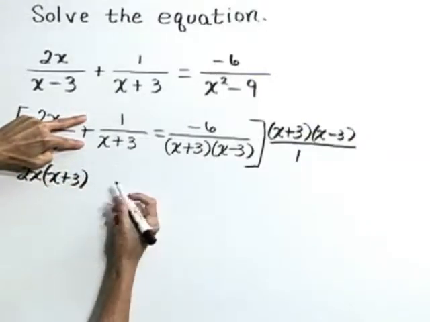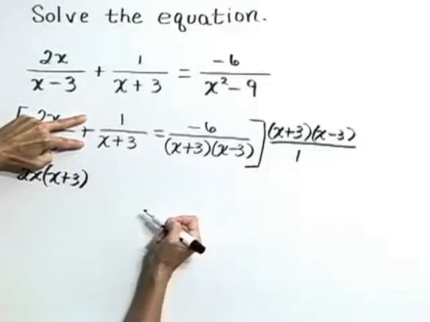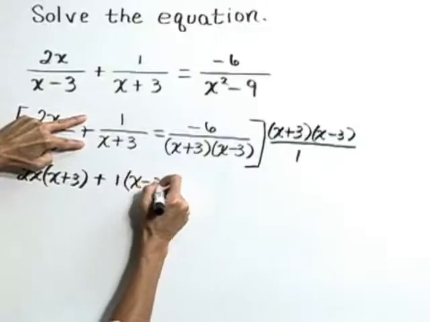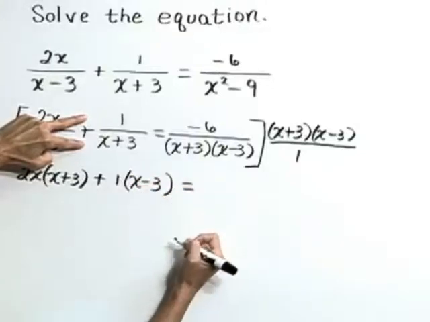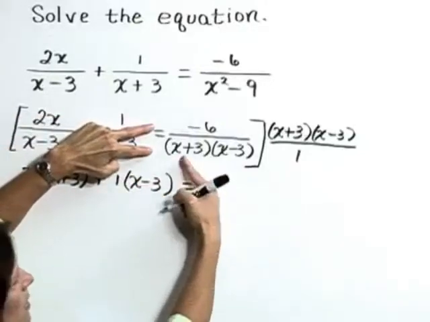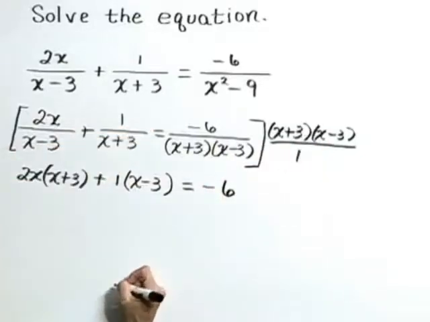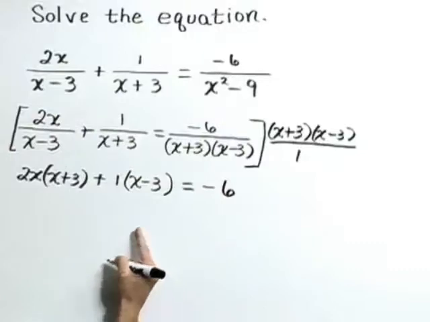As we multiply times our next term, the x plus 3's cancel, giving us a plus 1 times x minus 3. And on the right-hand side, both of these terms cancel, leaving us with negative 6. We've gotten rid of the fractions.